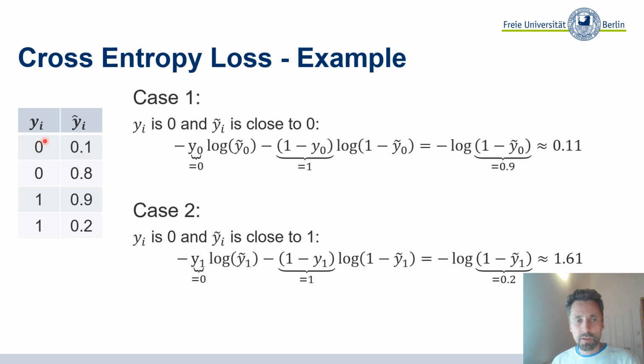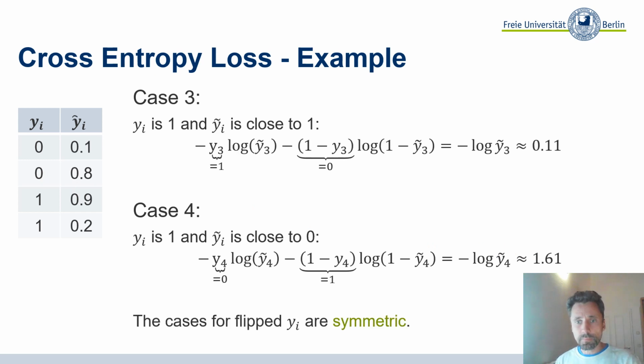Given an output label 0 and a model output that is close, the loss here is a smaller number, as we hoped, as opposed to the other case where the output is really far away from 0. And also in the two other cases, this is a much better output because it's closer to 1 than here, and those loss values reflect this.